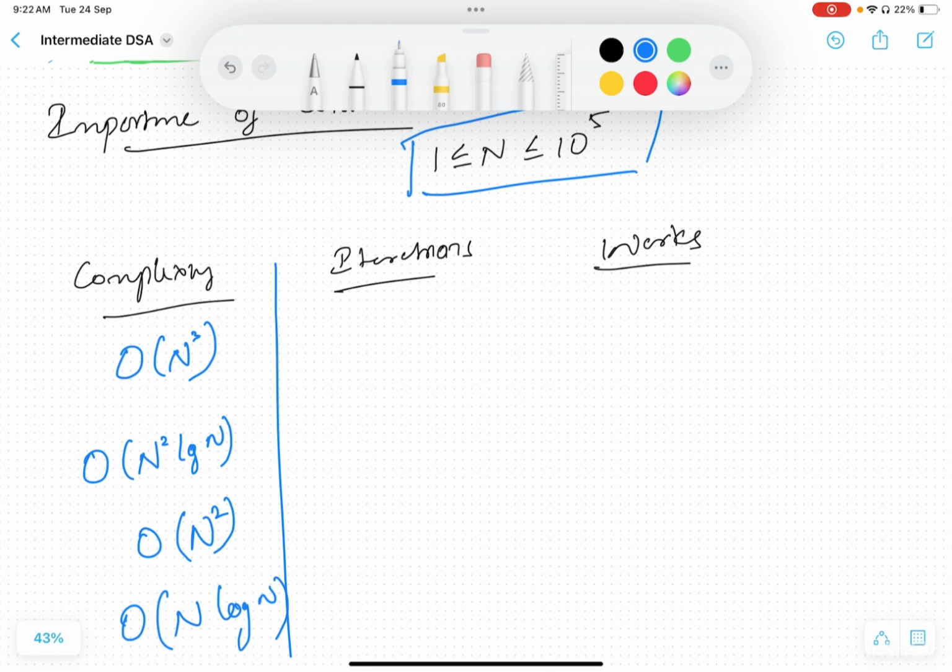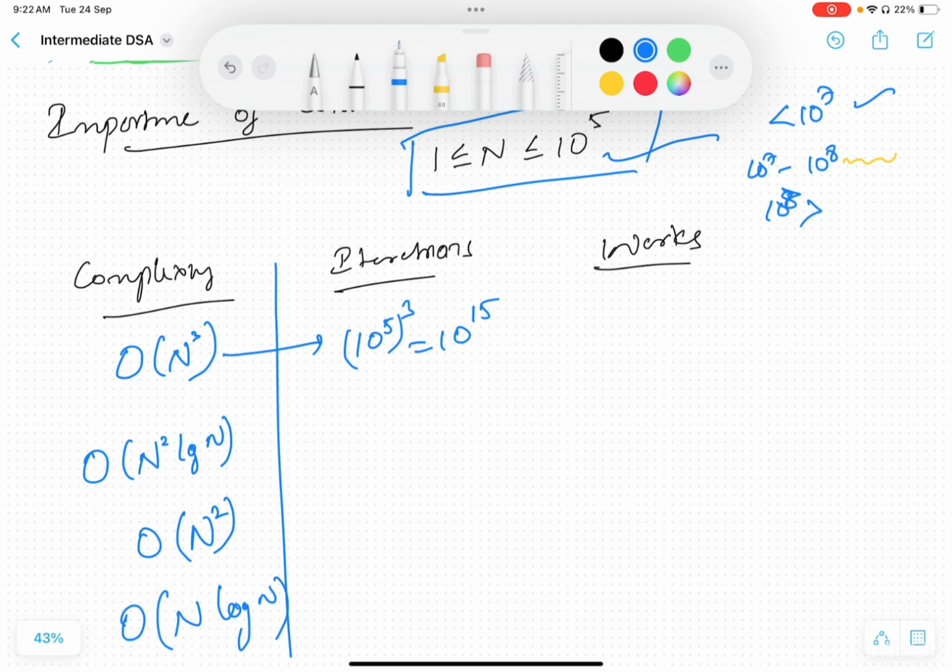Which approach to decide? If your constraint is 10 power 5, just apply 10 power 5 whole cube here because it is order of n cube. You'll end up seeing 10 power 15, which we discussed, right? Anything less than 10 power 7 is good. Anything between 10 power 7 and 10 power 8 is okay, but we have to revisit.